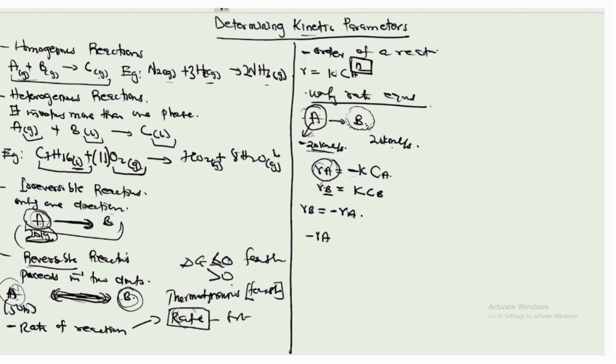The moment we bring the negative R_A here, then our k C_A now becomes positive, and then we just write k C_A, because R_A is negative k C_A. We can multiply it by negative, and then we get this. But I'm going to use this to represent our rate in terms of the reactant, right? So we have negative R_A equals k C_A. When you want to write the same rate in terms of the product, it's going to be negative k C_B.